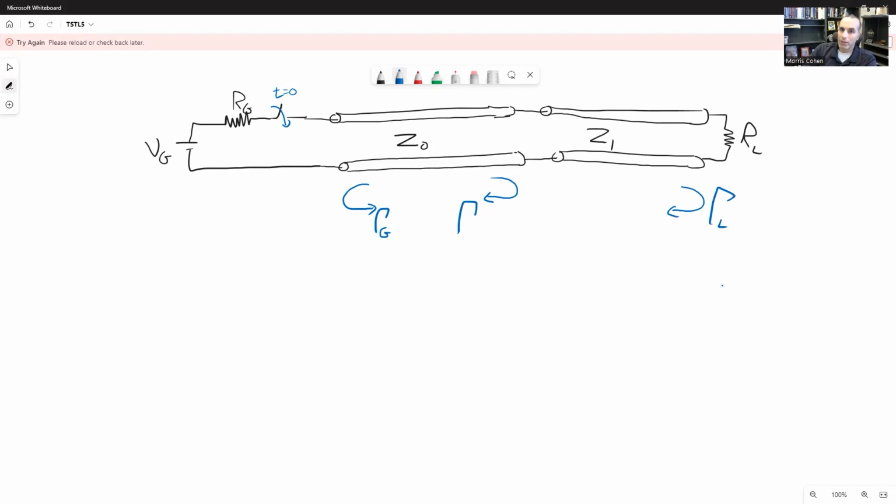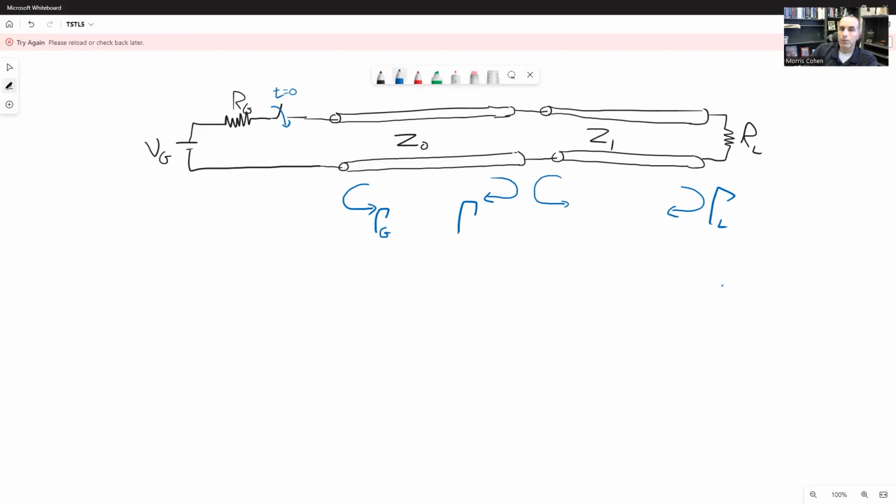But we're also going to see that there are reflections that could occur at this junction. And it could happen in two directions. It could be a reflection of a wave that's on line 0 and encounters line 1, or could be coming along line 1 encountering the junction with 0.